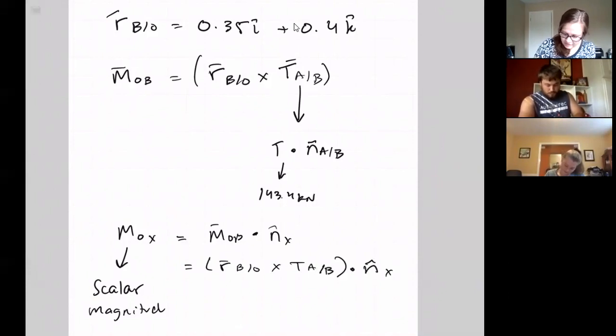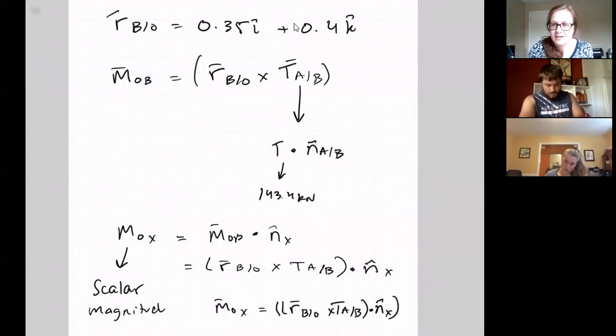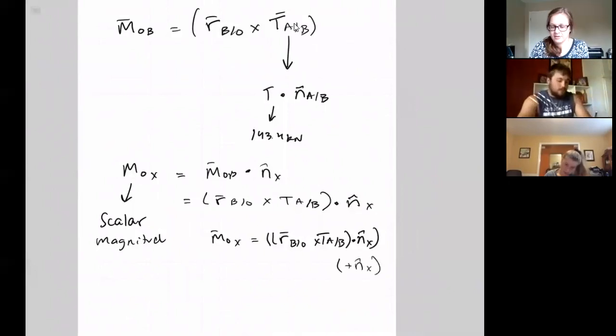And what you can also call that, because we know it's in the positive direction, is we can get the vector form of that by multiplying it by the unit vector. So you're taking away the direction and then you're adding the direction back.